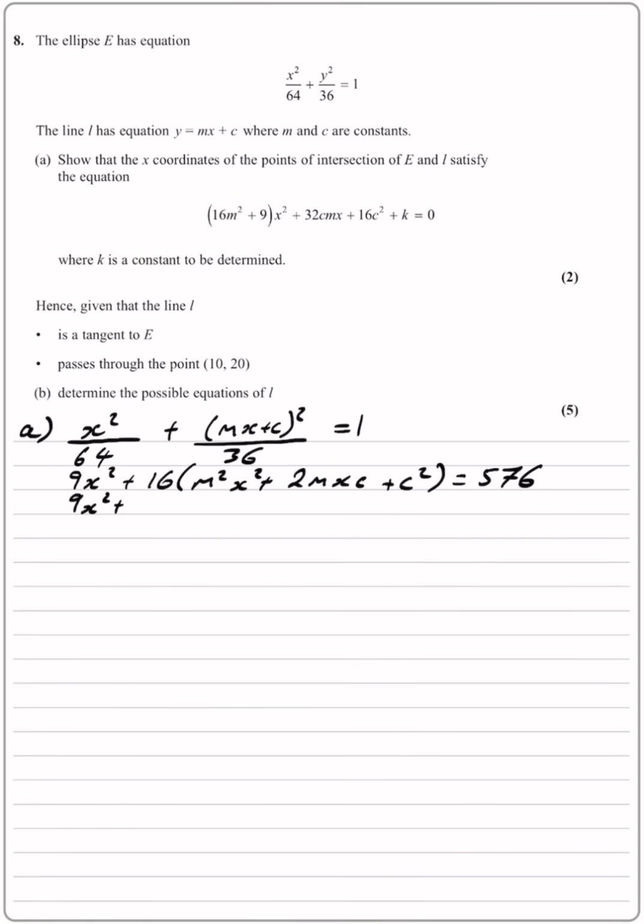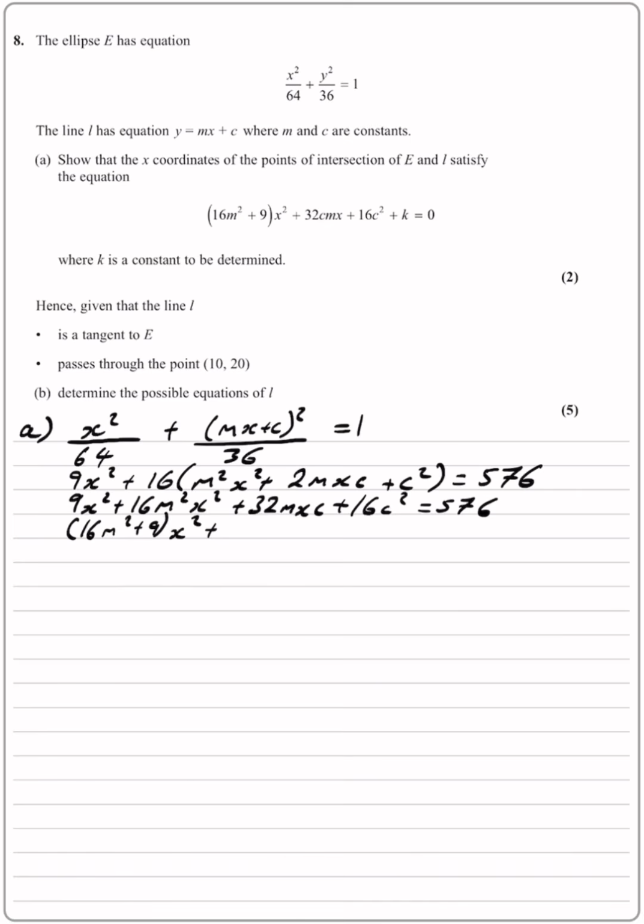And then one last full expansion, so the 16 across the expanded mx plus c squared. And then lastly, I'll bring the 576 onto the left, and I will essentially factorize the coefficients of x squared out the front, and write it in descending powers of x.